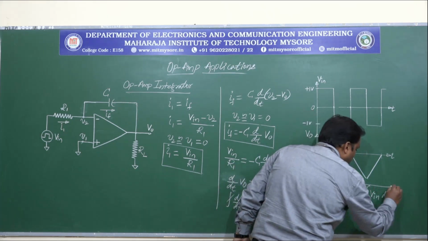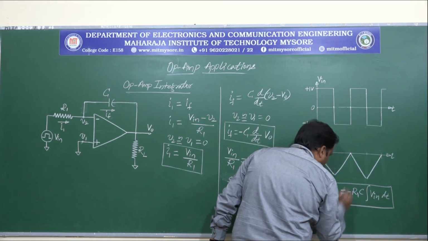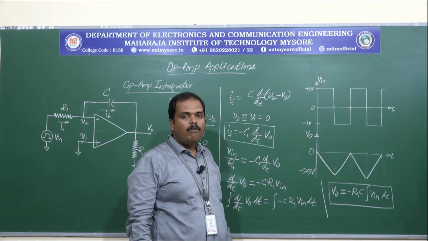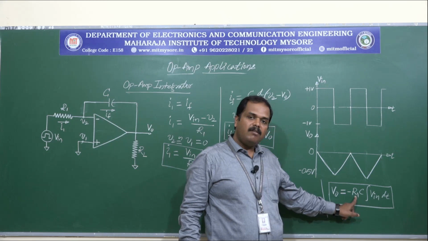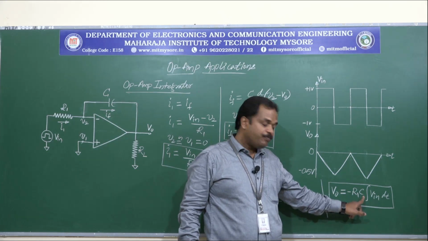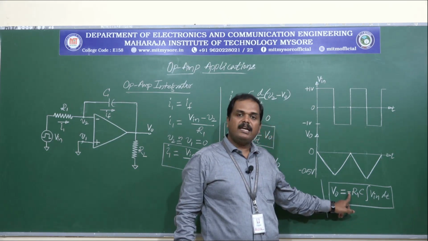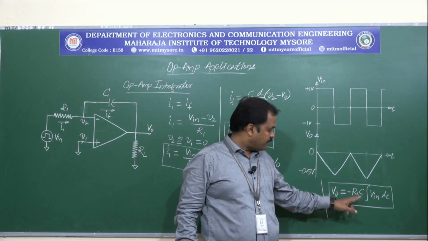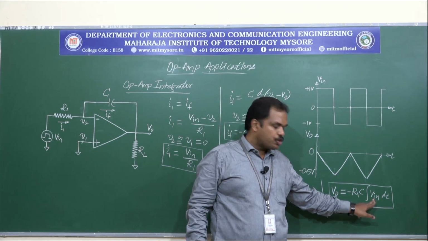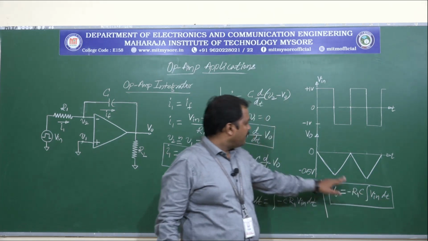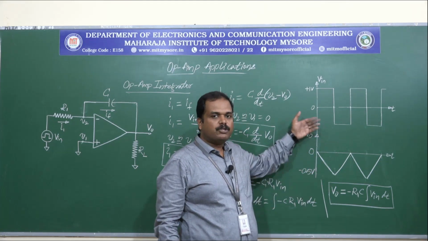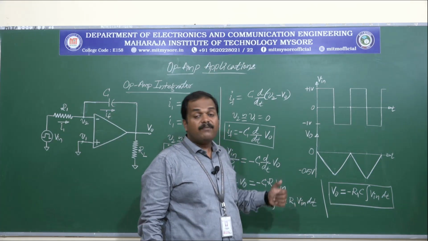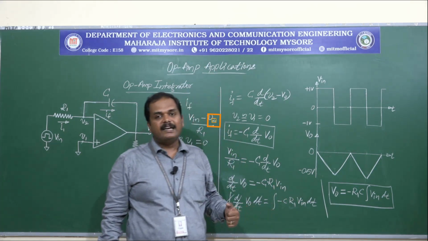This is the expression for the output voltage of the integrator circuit. There is a gain which is given by 1 by R1 C, and the negative sign indicates the out of phase signal, and the integration of Vin with respect to time, and the same thing has been shown in the output waveform with respect to the input. So this is the working of the integrator circuit.